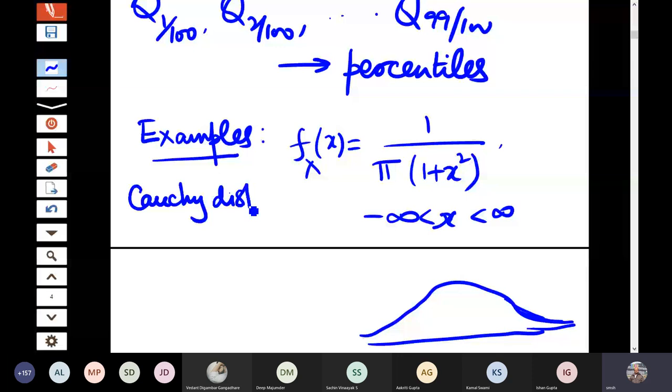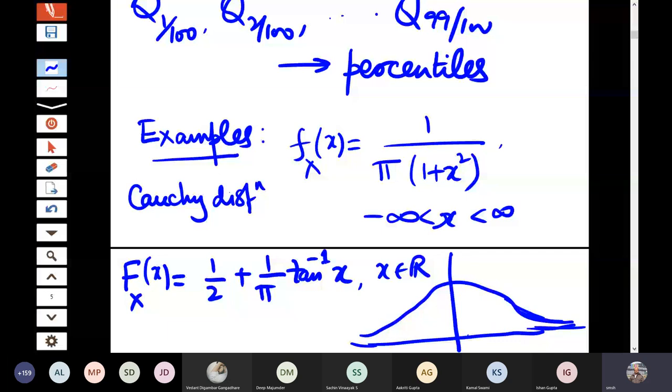So if you look at the CDF, the integral of 1 by 1 plus x square is tan inverse x. So tan inverse x minus its value at minus infinity, which becomes minus pi by 2. So it will become half plus 1 by pi tan inverse x for x belonging to R.